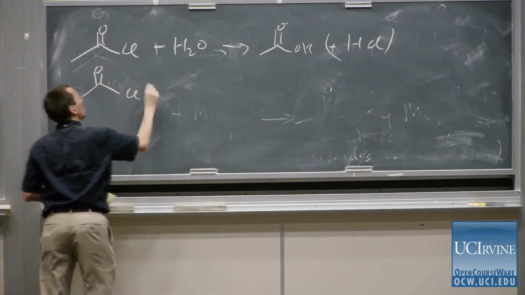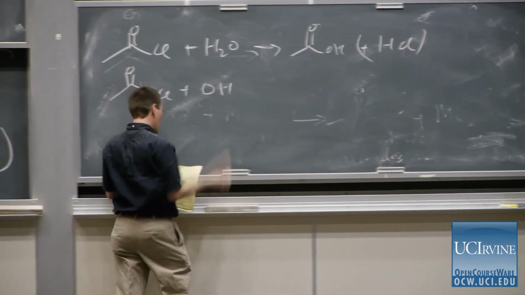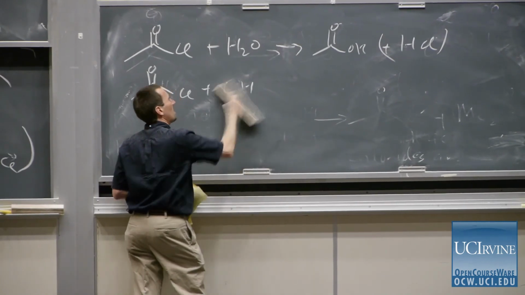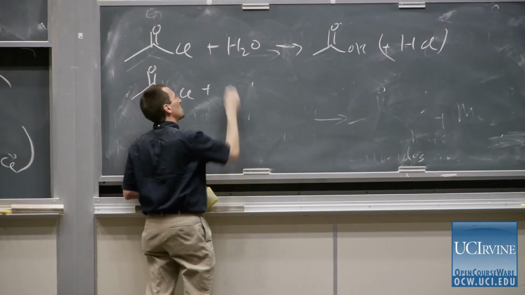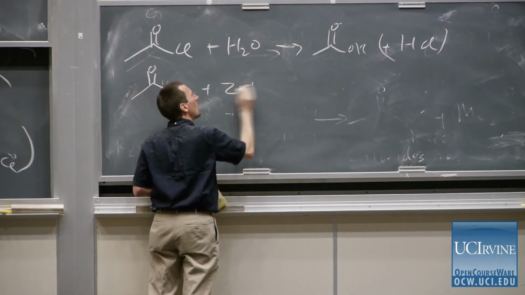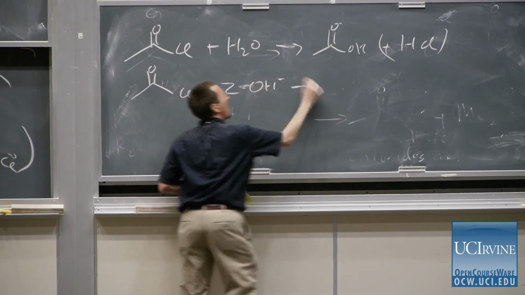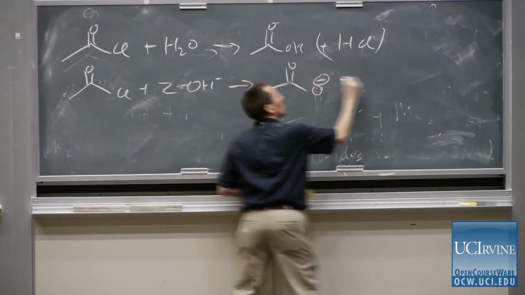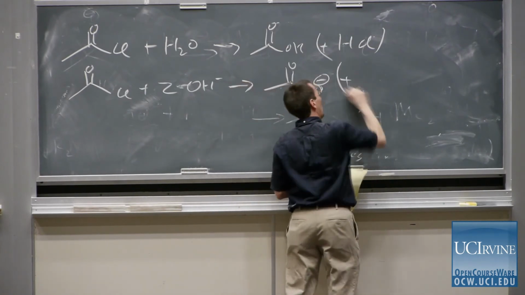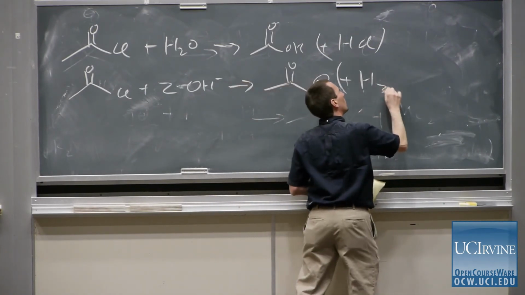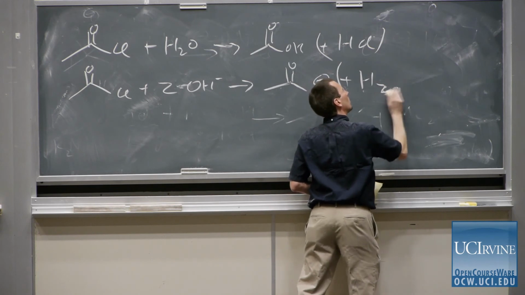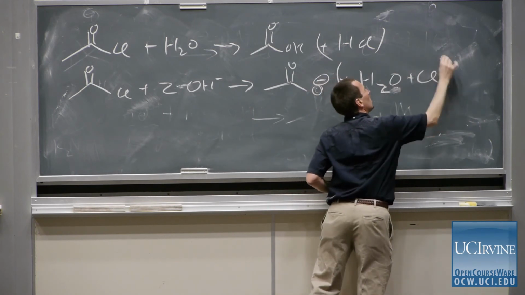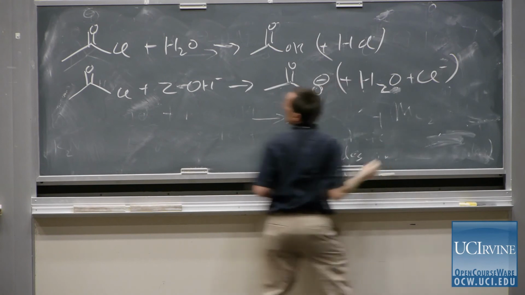And you should be able to think your way through mechanistically on all of these. Acetyl chloride plus 2 hydroxide anion goes to acetate anion plus water, H2O plus chloride anion.